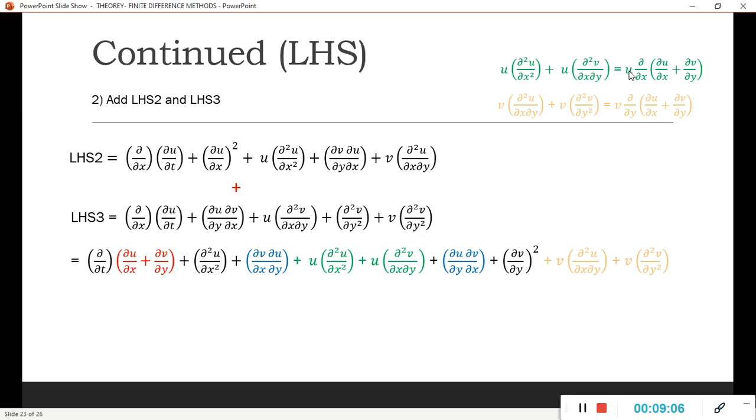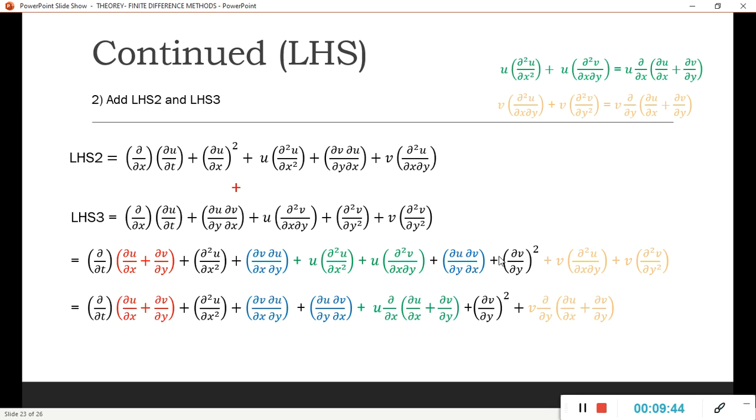You can take the common u outside, and you can take the common ∂/∂x outside, and you end up in the bracket with a term known as the divergence term. So these two end up as the divergence term here, and these two in orange or pink color also end up as a divergence term when you take the common factor outside.